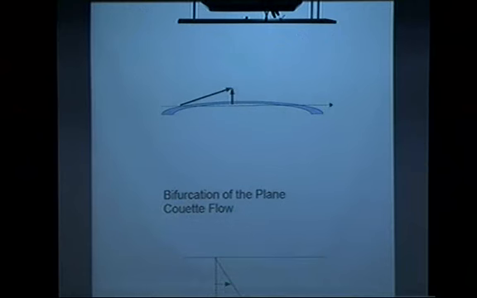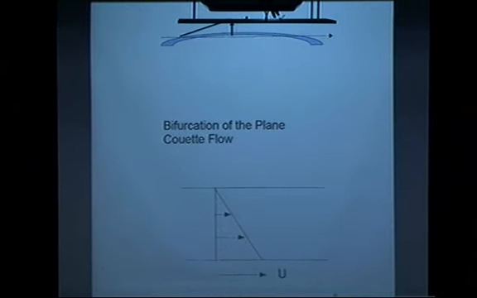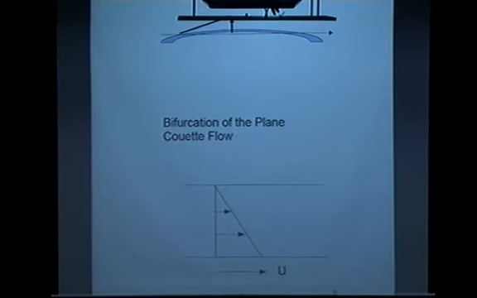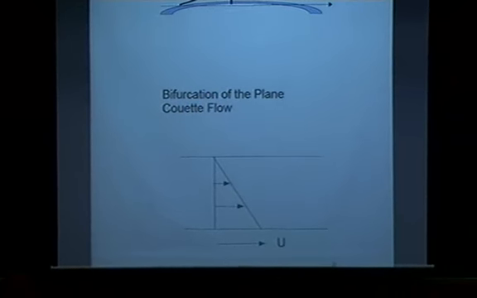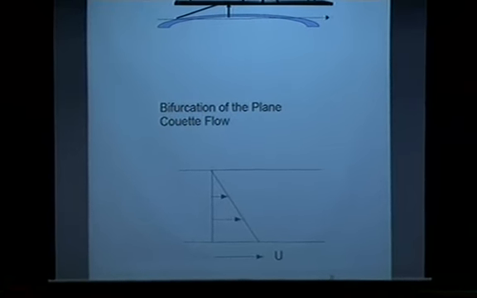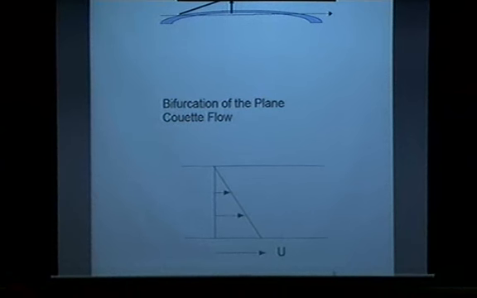Okay, look at this one. There is the curvature of the boundary. The flow is parallel to this direction. Therefore, this is the main flow. The main flow has this component, infinitesimal, this component.